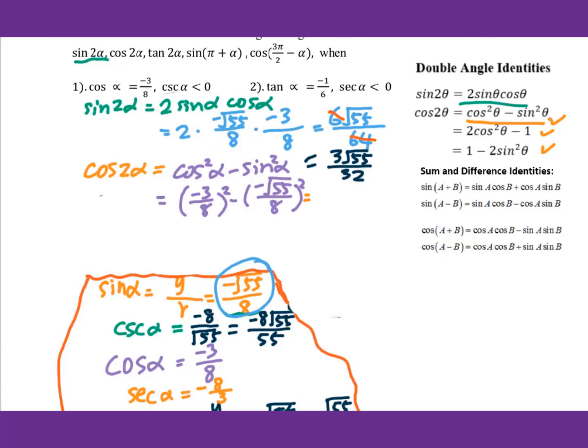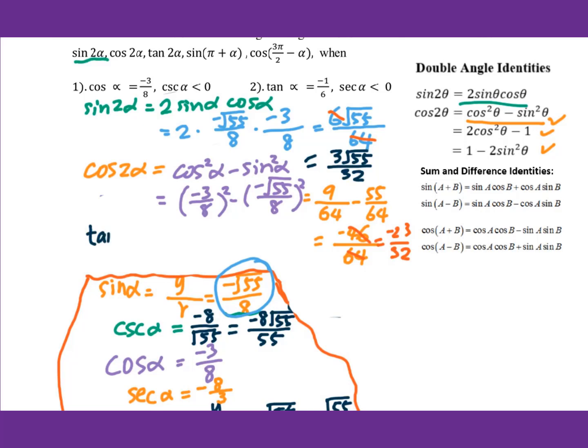You will get 9 over 64 minus 55 over 64. So we get negative 46 over 64. Reduce, you will get negative 23 over 32.